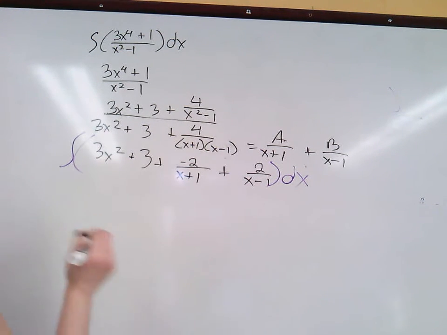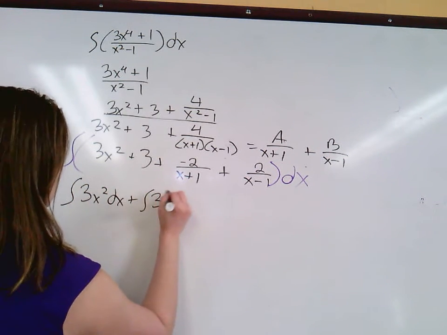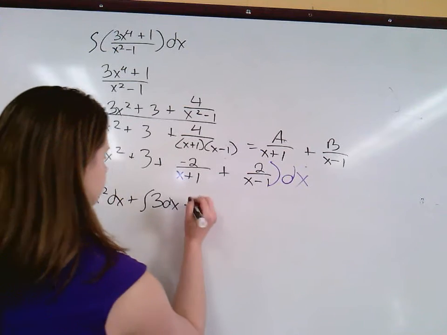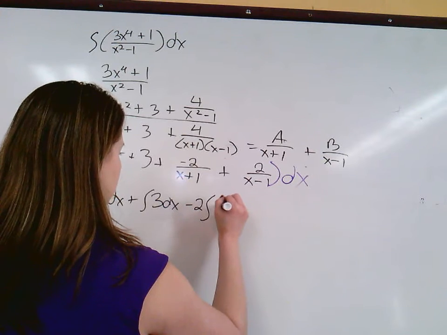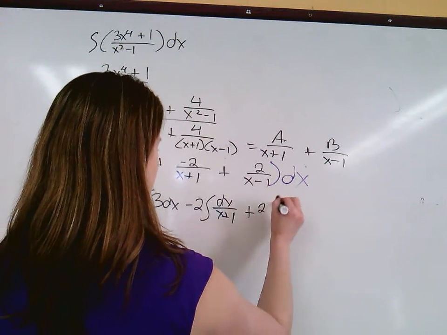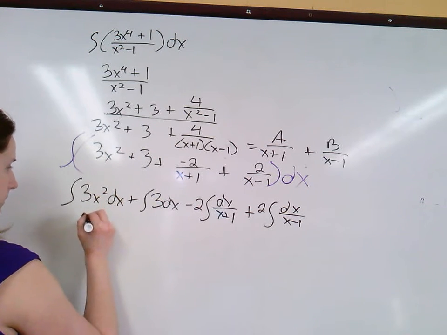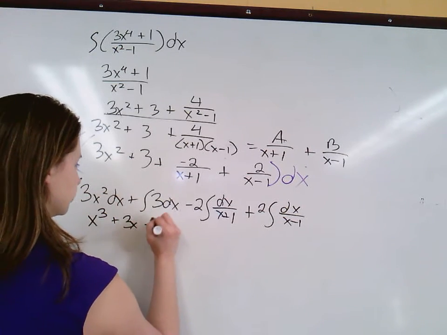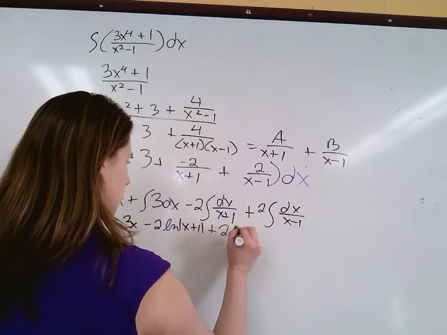So if you want to split them up, I'll go and do that. 3x squared dx plus 3 dx plus -2 dx over x plus 1 plus 2 dx over x minus 1. So you get x cubed plus 3x minus 2 ln of x plus 1 plus 2 ln of x minus 1.